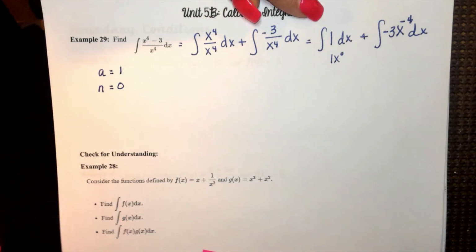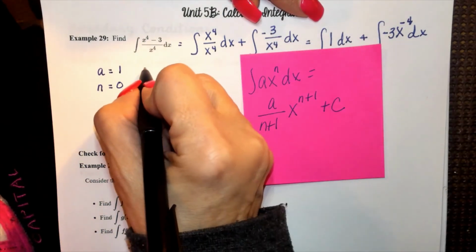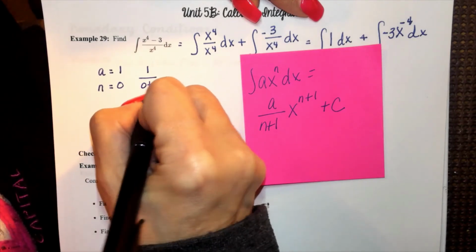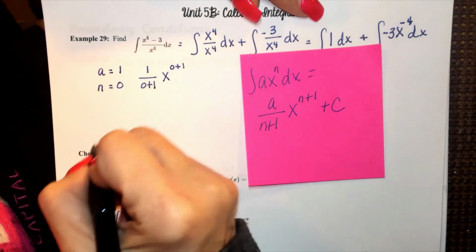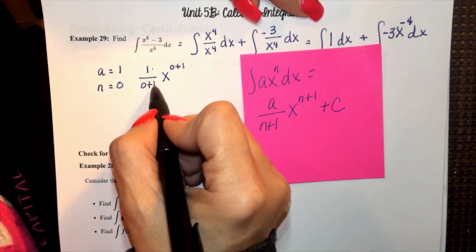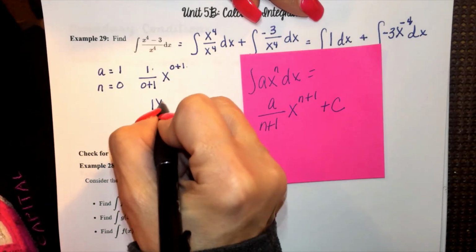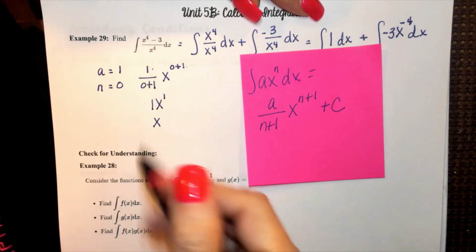So remember, we're using our rule here. A is 1 over 0 plus 1 x to the n plus 1. Well, 1 over 1 would be 1. 0 plus 1 would be 1. So this would be x to the 1. This is really just x. If you take the derivative of x, you're just going to get a 1.